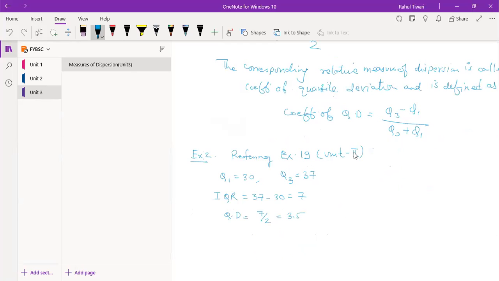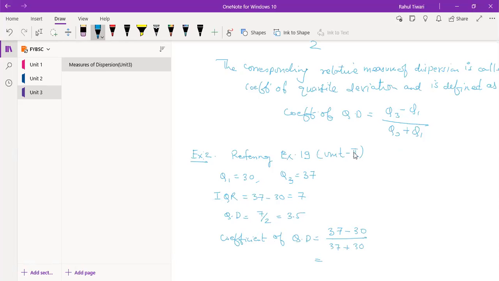Similarly, one can find the coefficient of quartile deviation. If you have any questions, you can put them in the chat box because I have muted all. Coefficient of QD is going to be Q3 minus Q1 upon Q3 plus Q1, so I can write 37 plus 30. You can just calculate this value and let me know the answer.